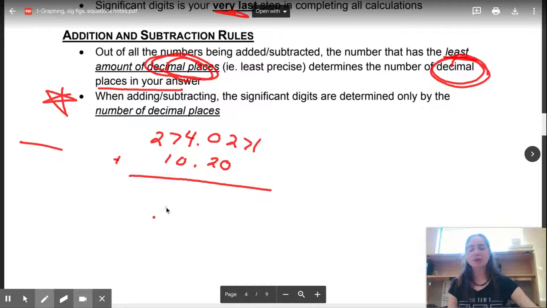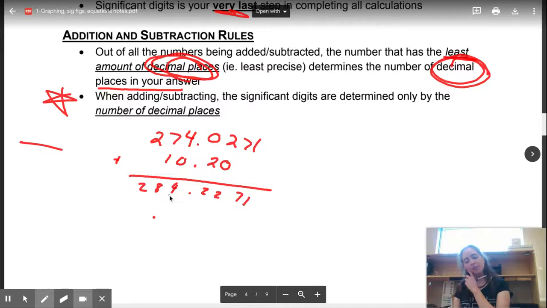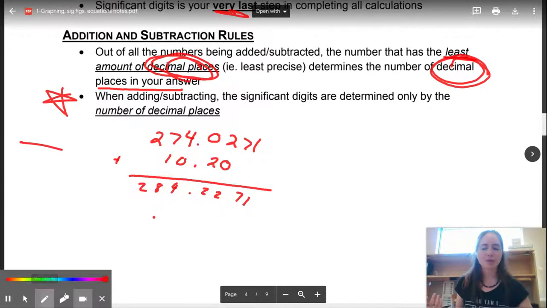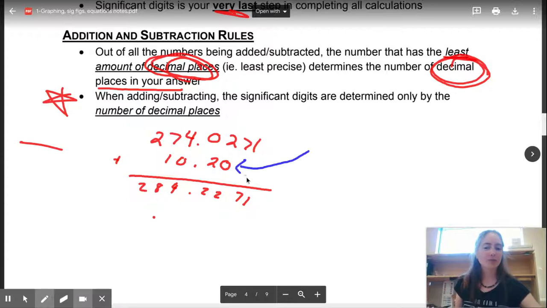So when you add these two numbers together and you go through and do your addition, what is going to happen? Now we've got all these decimals, but who's got the fewest number of decimal points? Well, this guy. How many decimal points does he have? 2. So that means we have to round our answer to 2 decimal points.